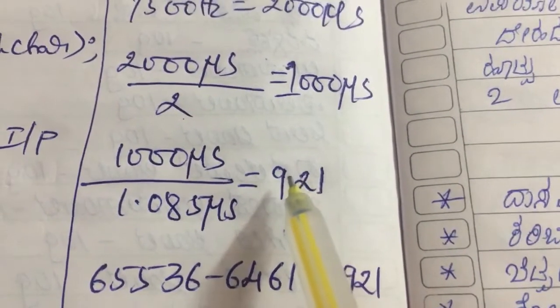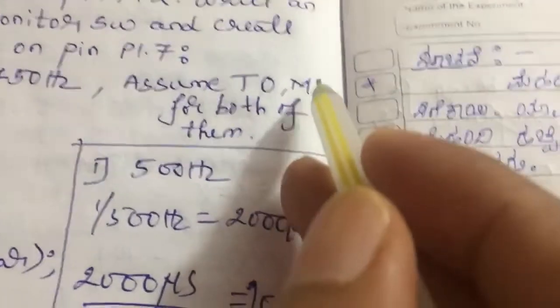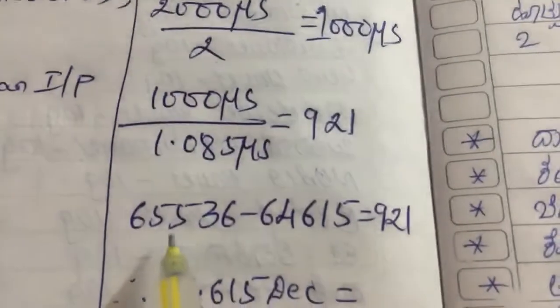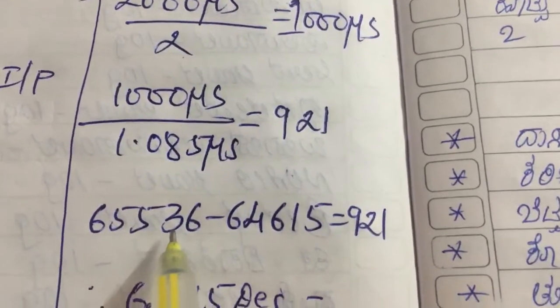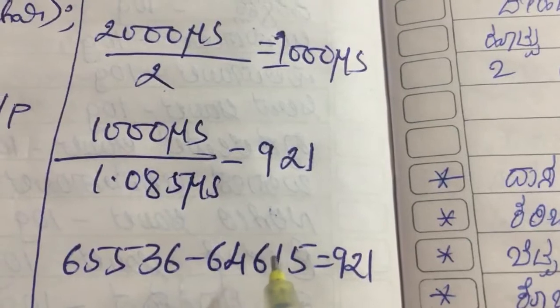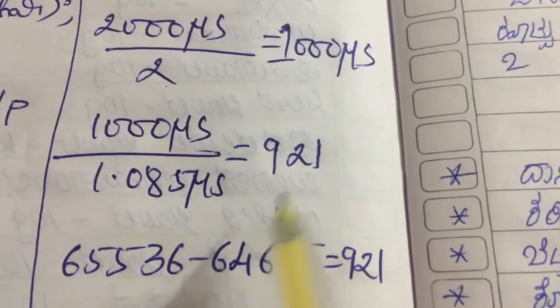The mode of operation is M1, so 65,535 plus 1, that is 65,536. What value should we subtract in order to get 921?